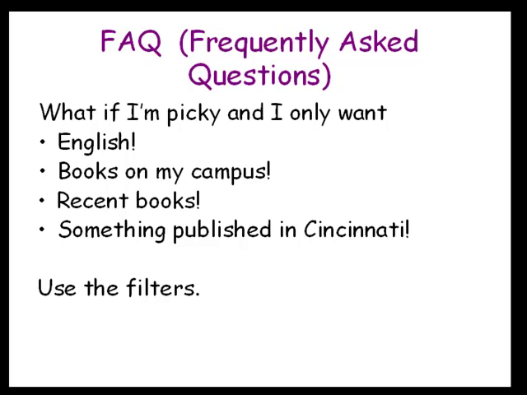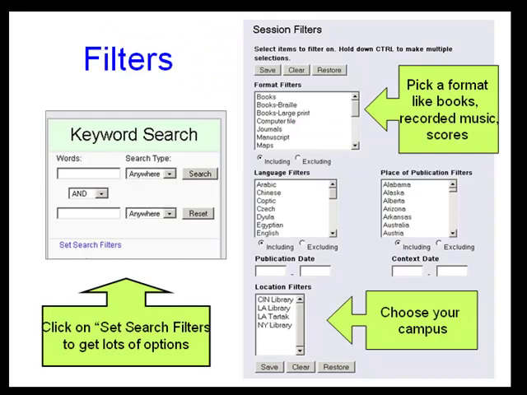So what if you only want books in English or Hebrew, or books on your campus, books written at a particular time or published in a particular place? For these, you can use the filters. Under the keyword search, click on where it says Set Search Filters.